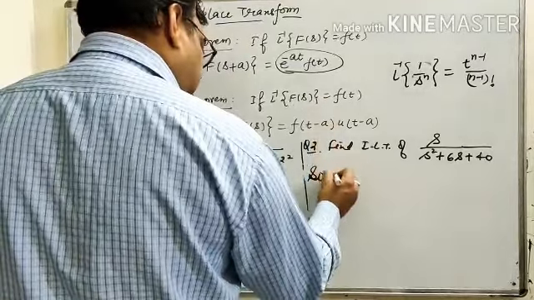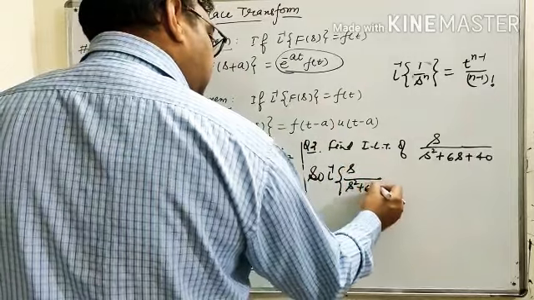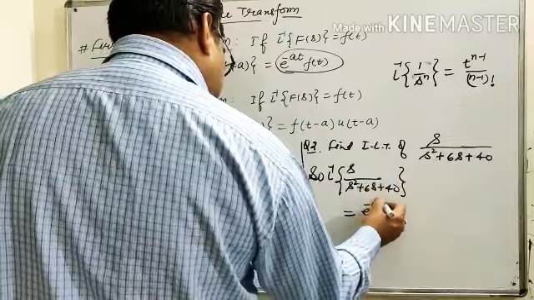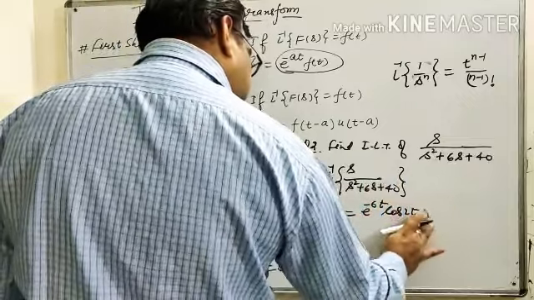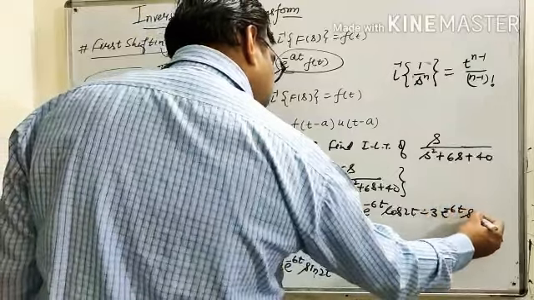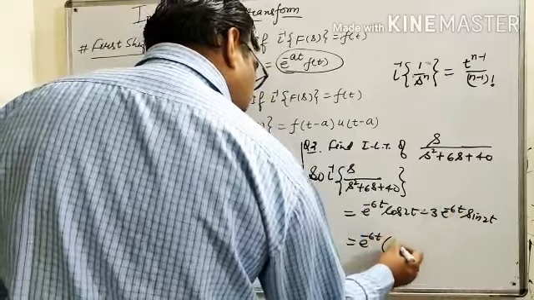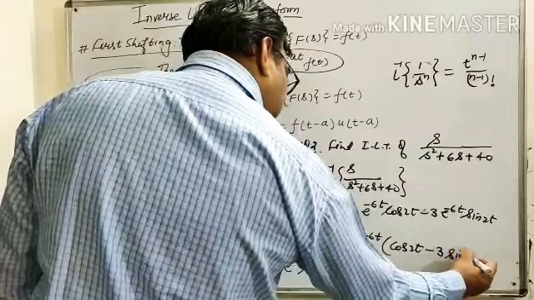So inverse Laplace of s upon s^2+6s+40 is equal to e^(-6t) cos 2t minus 3 e^(-6t) sin 2t, or we can rewrite it as e^(-6t) (cos 2t minus 3 sin 2t).